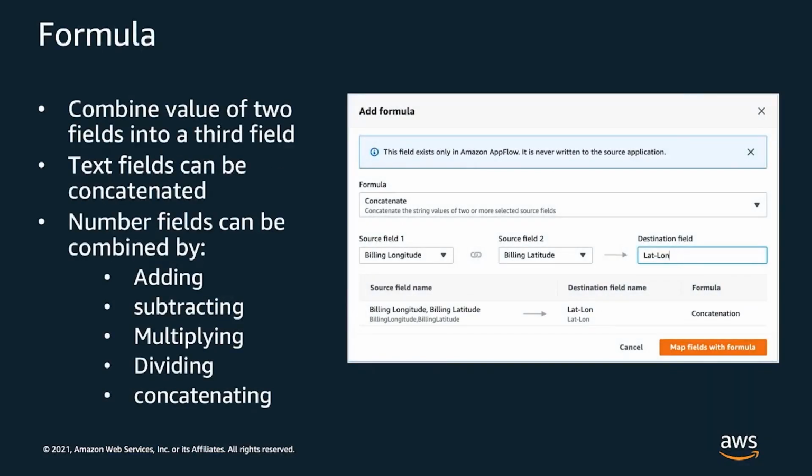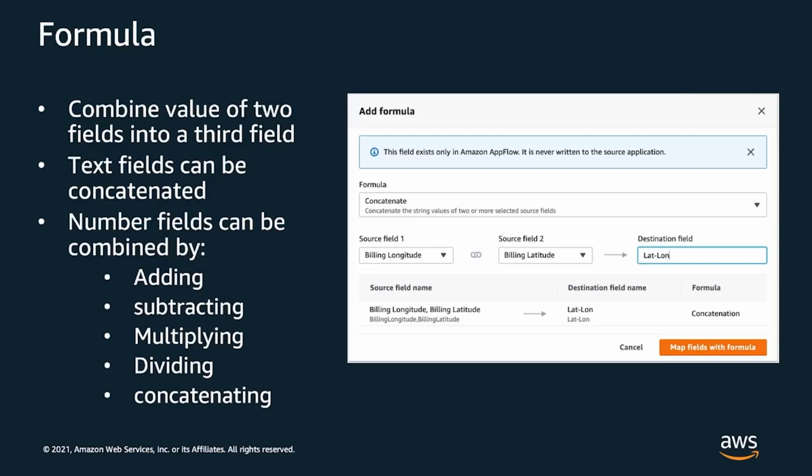The final way for configuring your data as it comes down and changing it is through what's called a formula. This can be applied to two fields. What this allows you to do is combine two fields. Text fields can be concatenated, and number fields can be combined by adding, subtracting, multiplying, dividing, or also concatenating. Again, it's contextual on the data type.